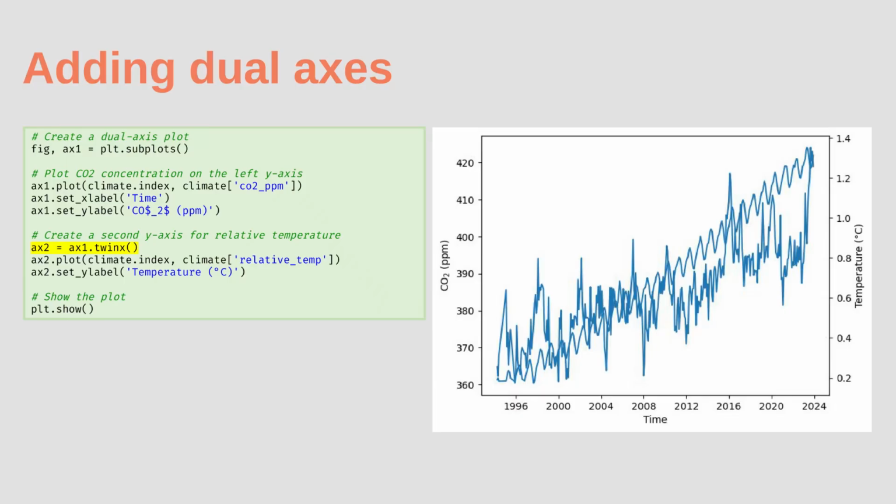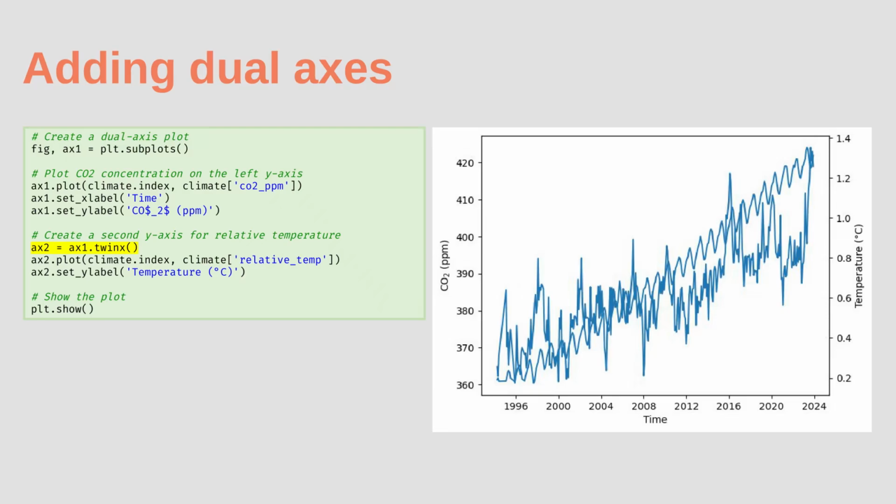We call it ax2. We plot the second variable, relative temperature, on this new ax2 axis and display the figure. Now we have 2 y-axis scales, one on the left for CO2 and one on the right for temperature. You can now clearly see the temperature fluctuations, but there is still a problem. Both lines are the same color, which makes it harder to tell them apart.